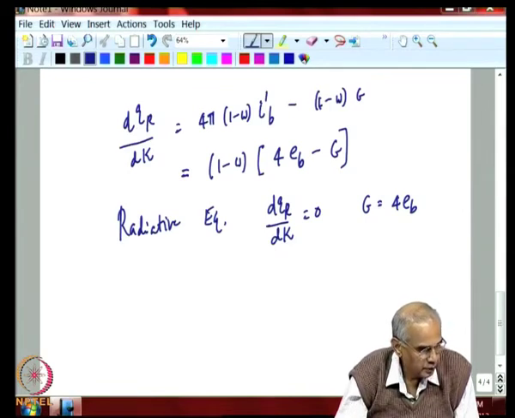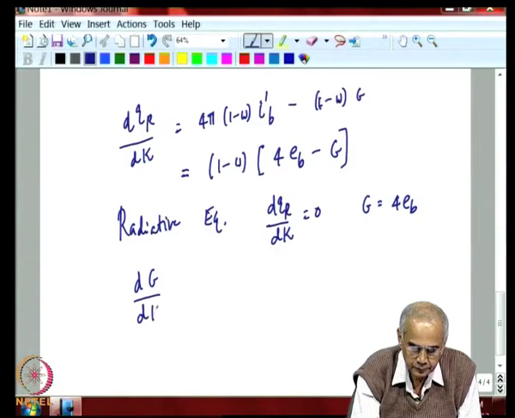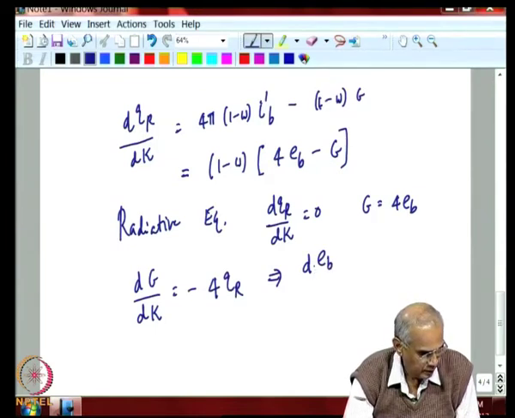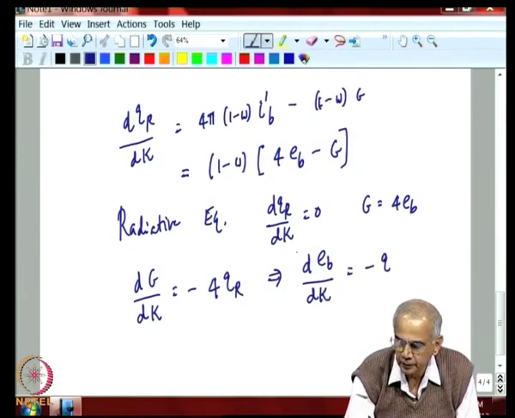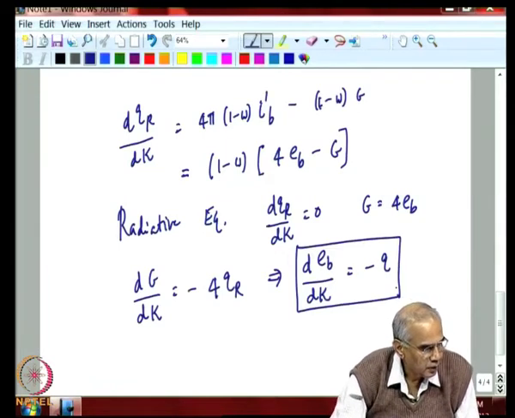We also know that dG d kappa is equal to minus 4 Q r, and so this implies d E b d kappa is minus Q r. Very simple result we got, which will be the basis of our discussion now.